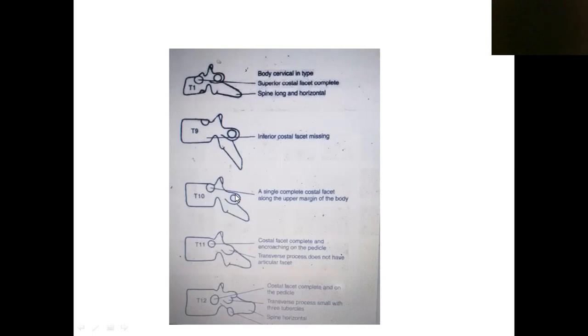Here the transverse process has a facet, but here it is absent. Then the difference between the 9th and 10th: here it has a superior demi facet, and here a superior complete facet. So these are the features of the atypical vertebrae. The remaining features you have to read. So the thoracic vertebra is also clear. Read it.